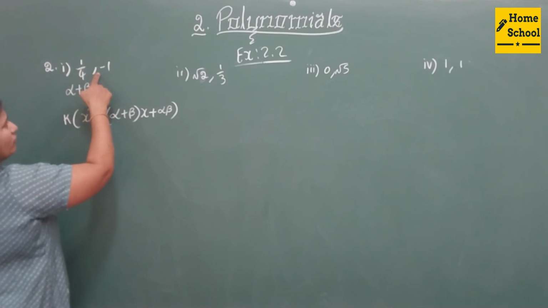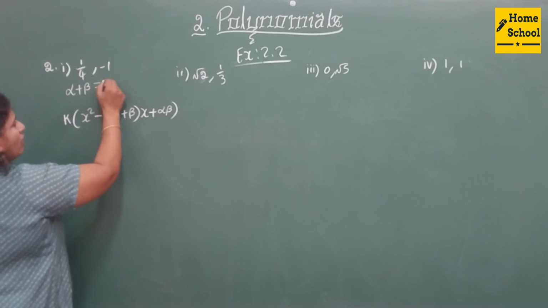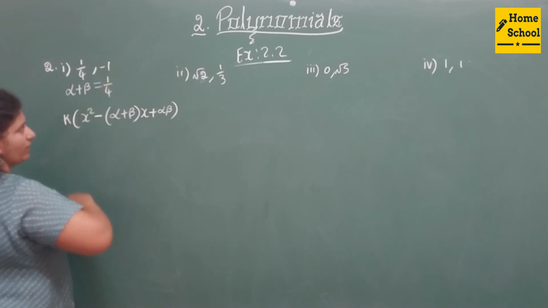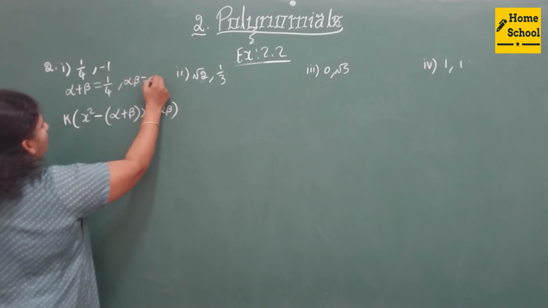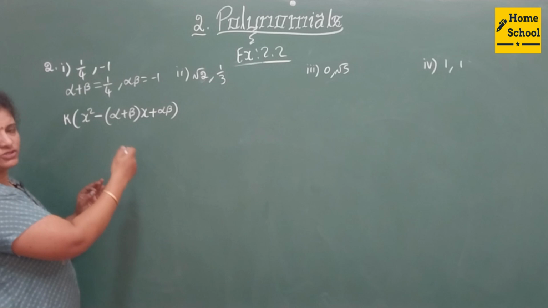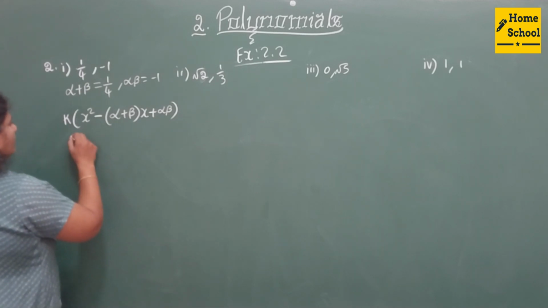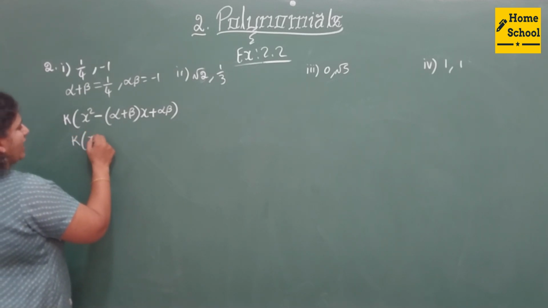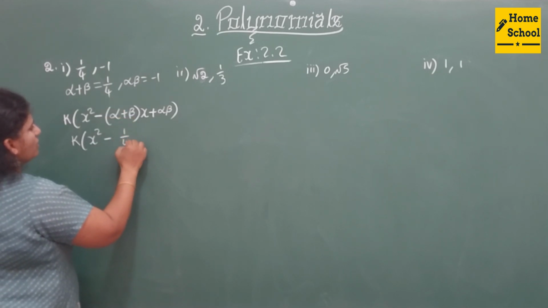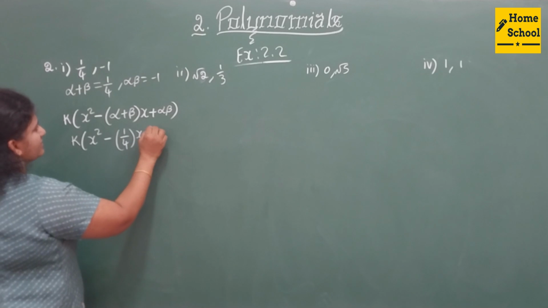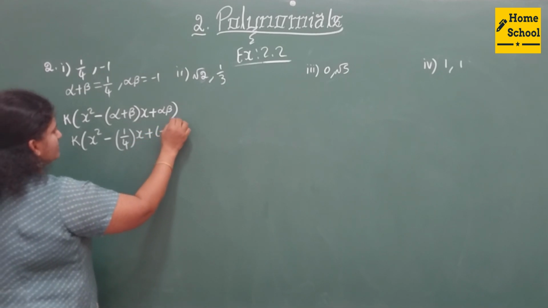That is 1 by 4 comma minus 1. Sum of zeros, alpha plus beta equal to 1 by 4 and alpha beta equal to minus 1. Just substitute the values. K into x square minus alpha plus beta value is 1 by 4 into x plus of minus 1.